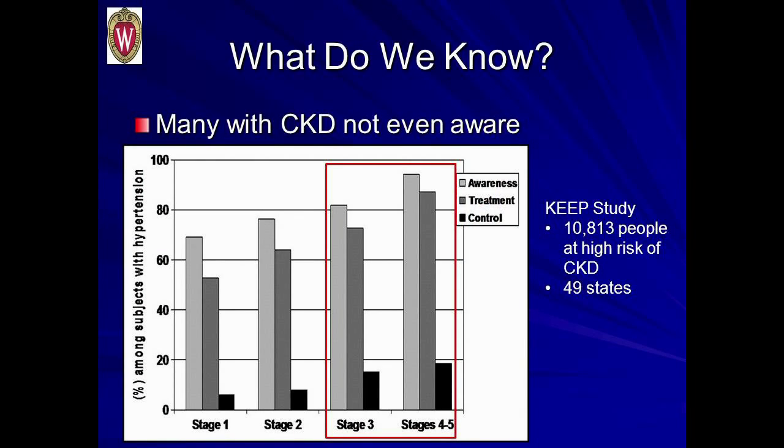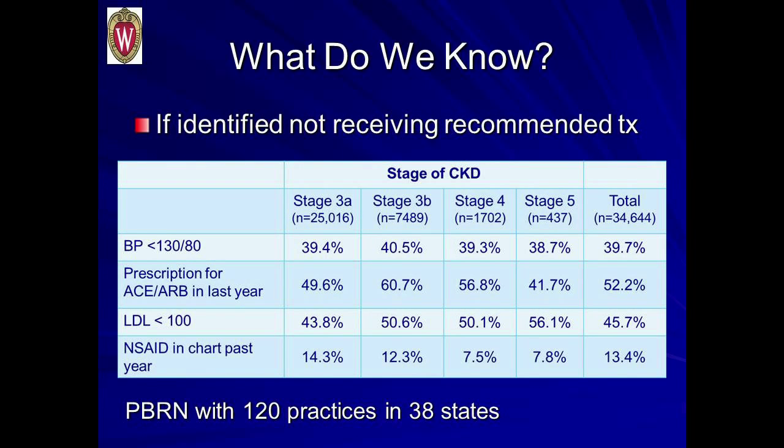And you can see how low the rates of treatment and control are. Even if they do know they have disease, most of them are not receiving what we would consider guideline-based or recommended care. These are a number of measures recommended by KDIGO, the big international group that gives us guidelines for chronic kidney disease.